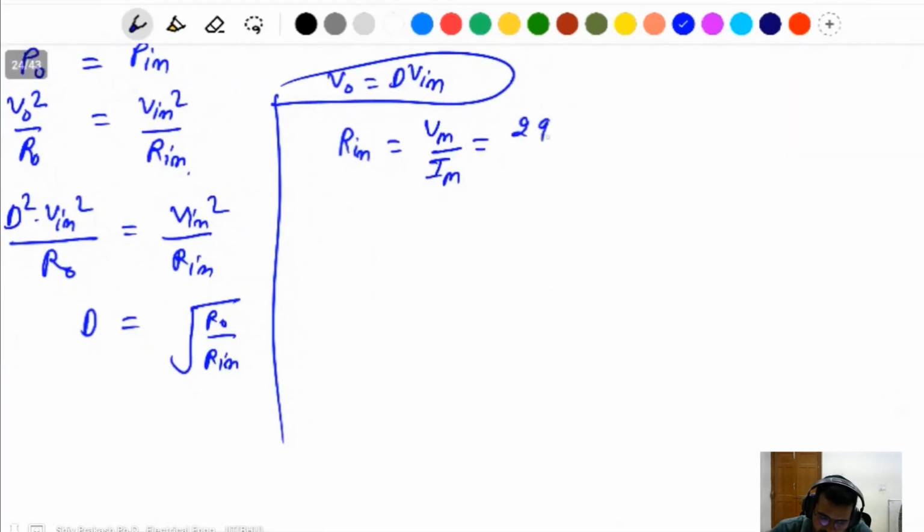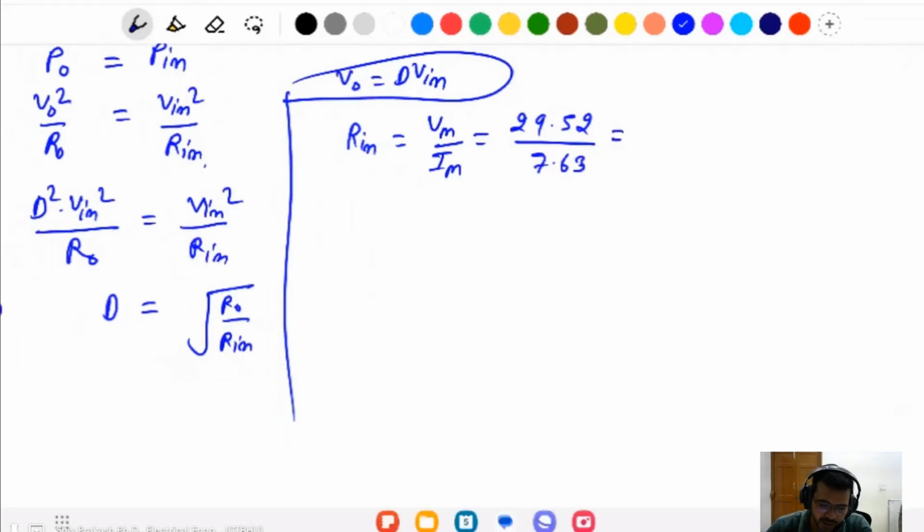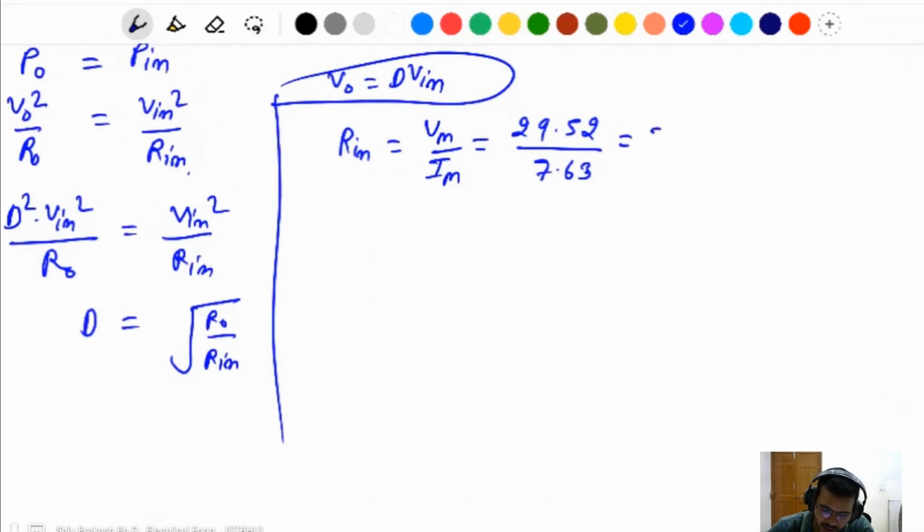Then calculate this and we will get the answer, approximately 3.87 ohm.